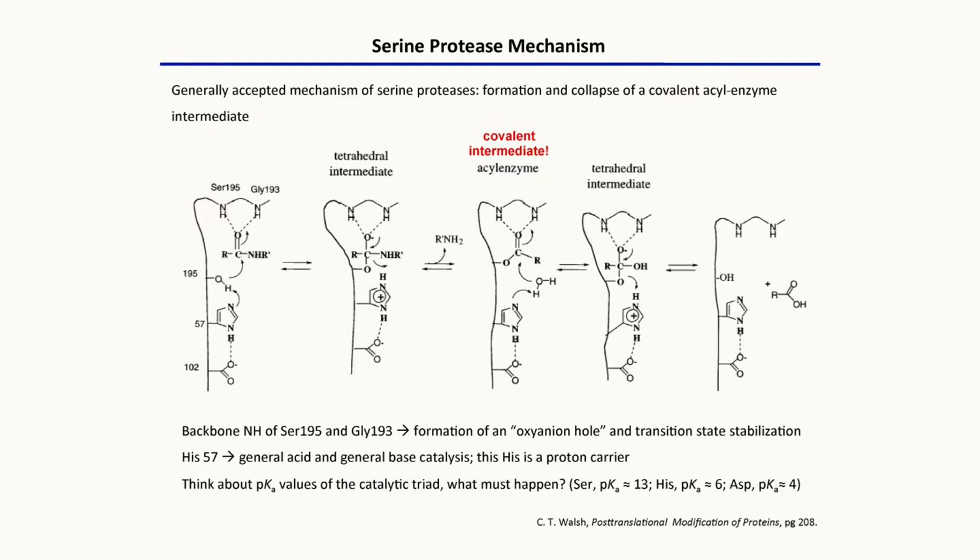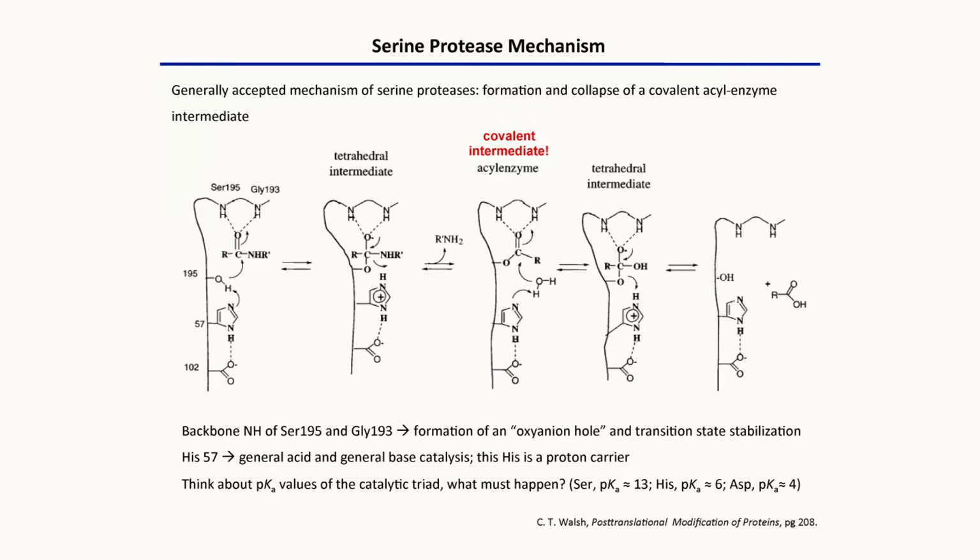First, there's formation of a tetrahedral intermediate. So there's an attack. Okay, and here we have loss of the RNH2. And here, what do we see? We see basically the histidine working on this water molecule. We have collapse of this acyl enzyme intermediate, another tetrahedral intermediate, and release of the acid product here.